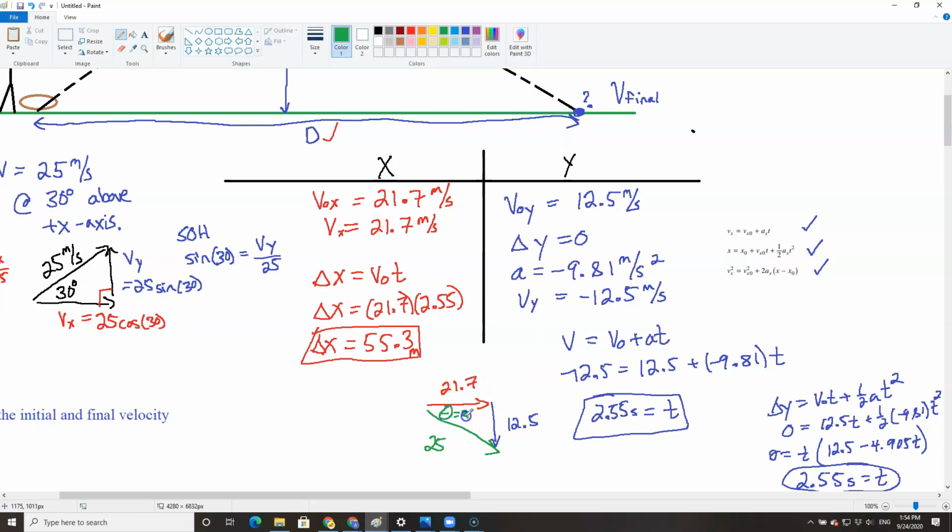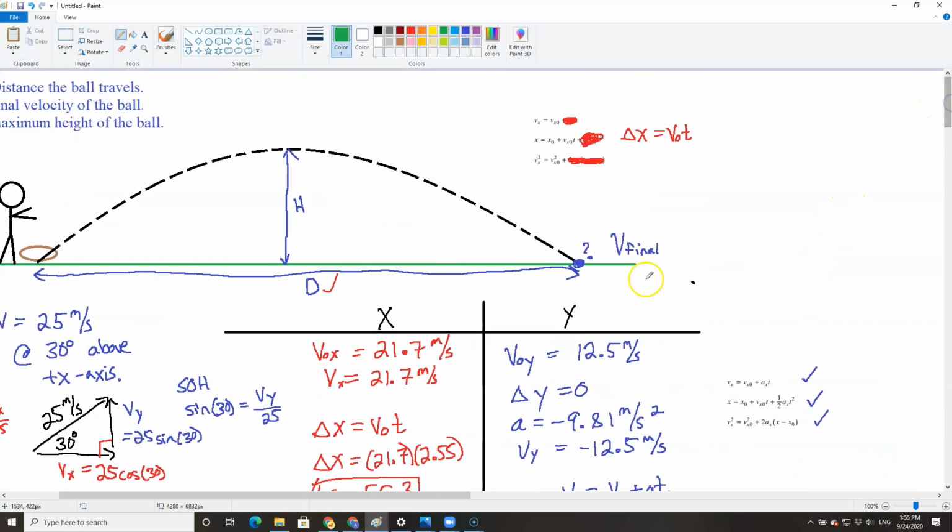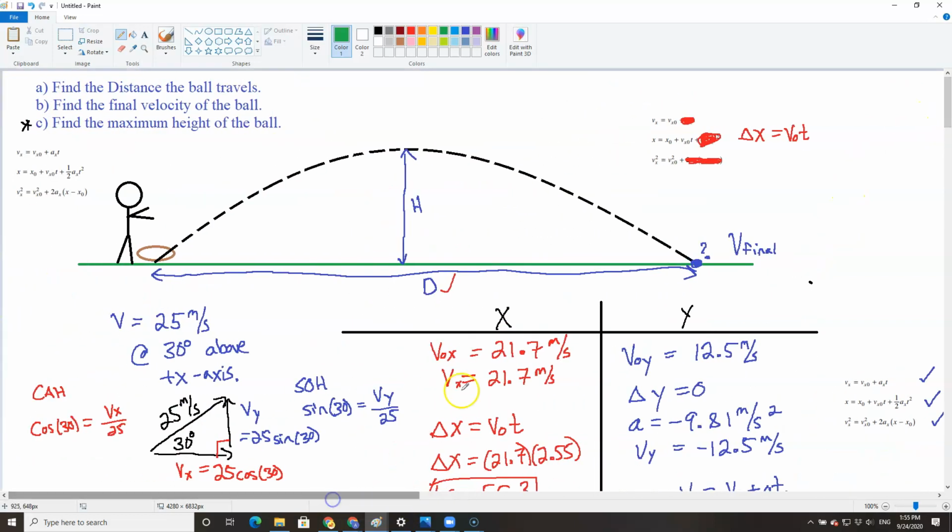I would use SOHCAHTOA as well to do the tangent of theta is 12.5 over 21.7. Now we get 30 degrees. Now I do know, due to the symmetry of a flat ground problem, that the final velocity and initial velocity would be the same, just that the angle, instead of being 30 degrees above the positive x-axis, would be 30 degrees below the positive x-axis.